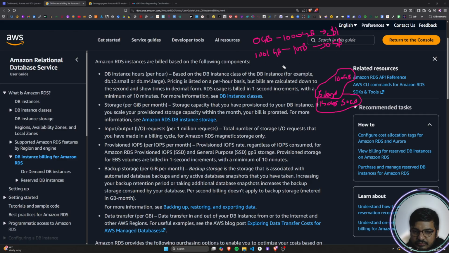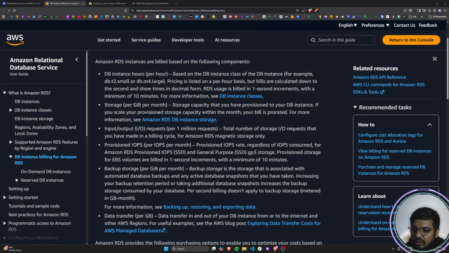If you are storing 5 TB of data, and this 1000 GB is nothing but 1 TB, then for the first 1 TB you will be charged $1 per GB per month, and for the other 4 TB you will be charged $0.5 per GB per month. So this is tier based pricing, and this is how this pricing will work.